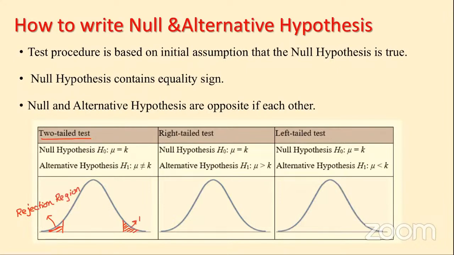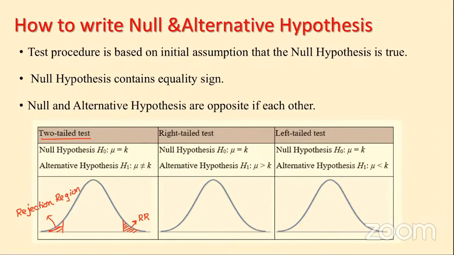Let me write RR in short. Rejection region. So if the parameter lies on the tail, then the null hypothesis will be rejected. Or I can say, if the test value lies on the tail, then the null hypothesis will be rejected.